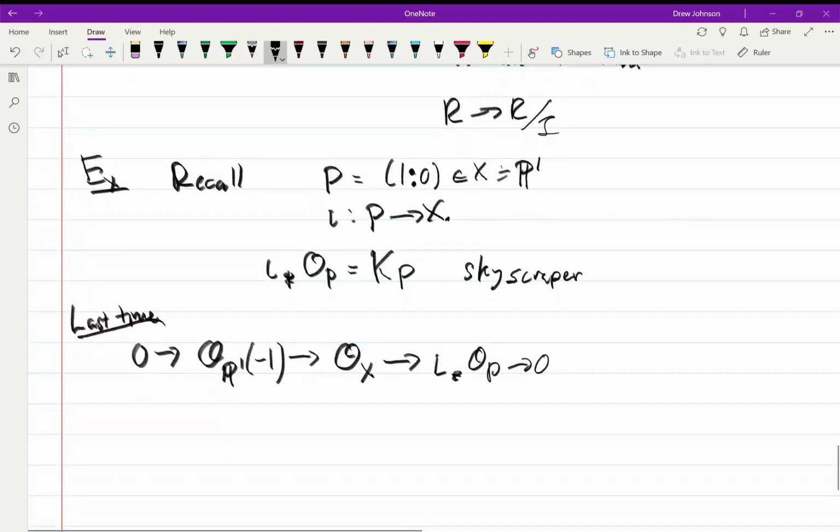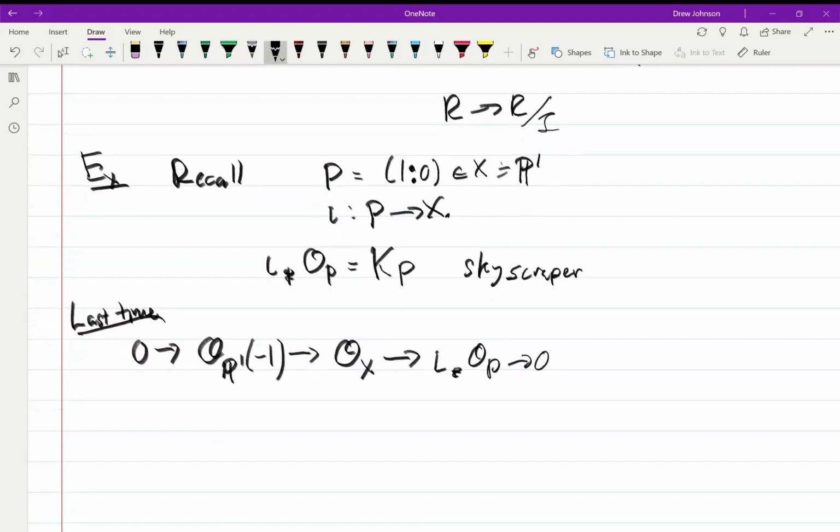Okay, so what can we see from this right away? We can see that this thing here must be the ideal sheaf, because this map here is the pullback map, or the restriction map. So this kernel must be isomorphic to the ideal sheaf. So the ideal of P, the point P in P1, is isomorphic to OP1 of -1.